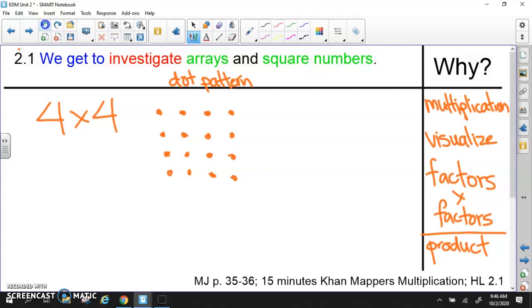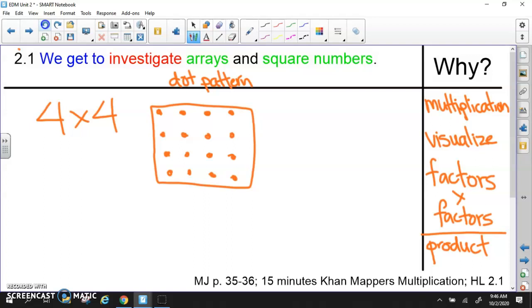Okay? Here's what makes it a square when you look at an array. People in the back, I need eyes. I don't know what's happening on the desk, but I need your eyes here. This is so visual. Here's what makes it a square. What's the definition of a square? What's the definition of a square? Yeah, in this case, if I drew a square around it, all the lines, you don't draw squares around this, by the way, this is just for visualization.